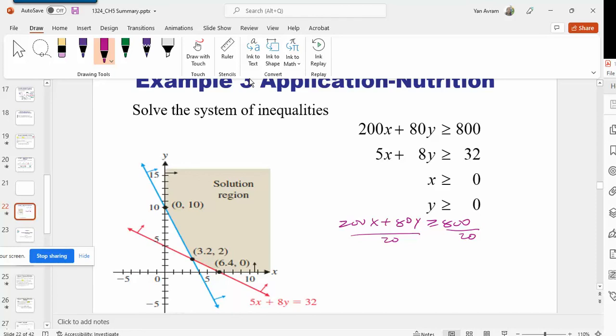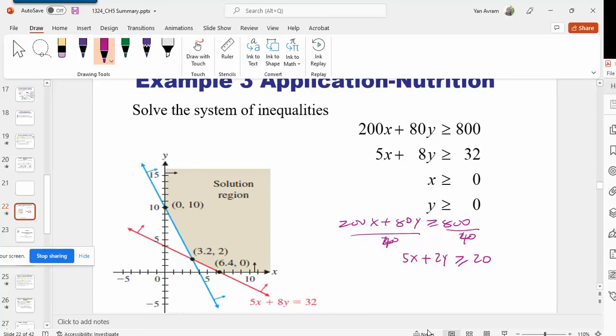Actually, I can divide it by 40. So divided by 40, 200 divided by 40 is 5x, and this will be 2y, greater than or equal to 20.